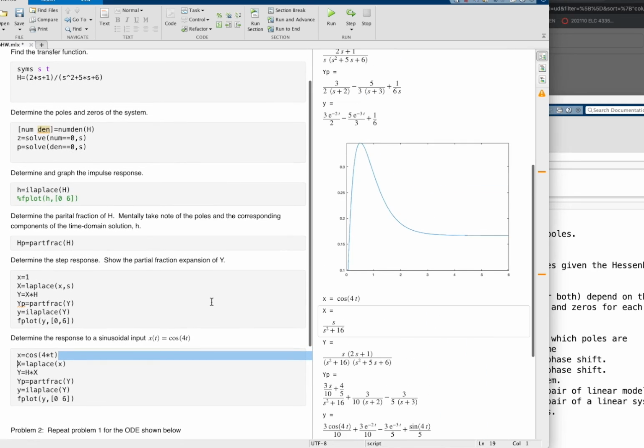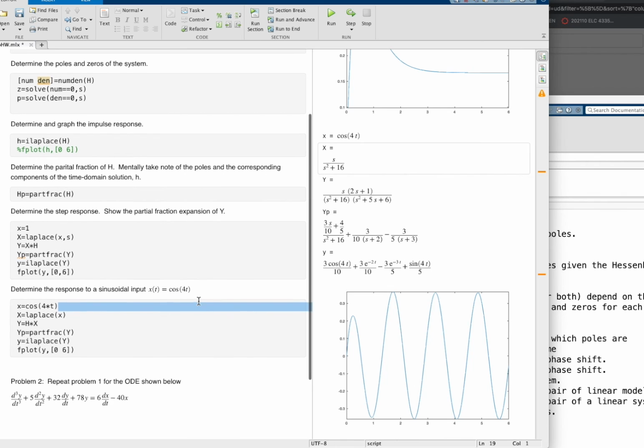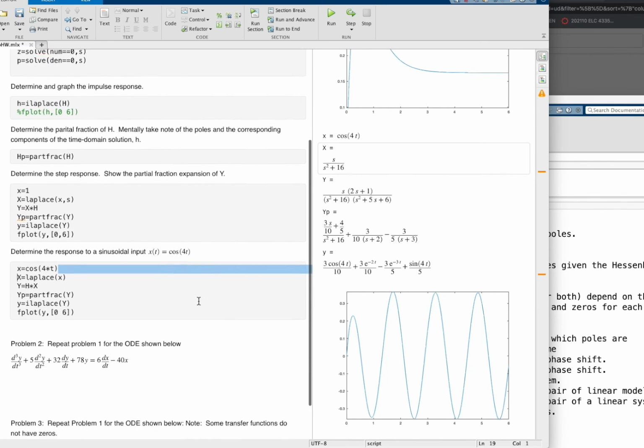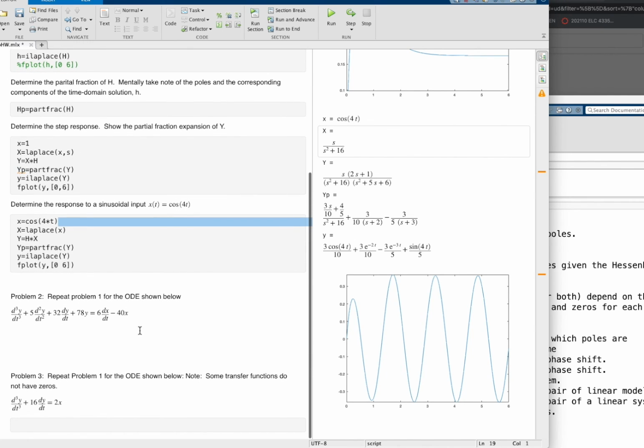We didn't do the poles and zeros on this part, but I would like you to. Well, no, that's okay. I just want you to do the poles and zeros of the system, not of the signals, right? Okay, so that walks you through what I'm expecting to see. And what I'd like you to do is go ahead and do the same set of commands, looking at the same things for two different systems, okay?